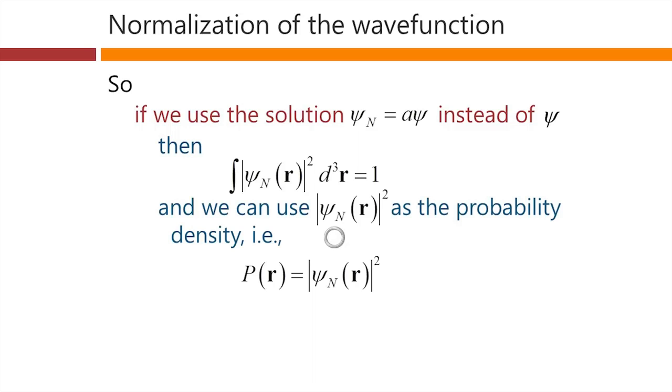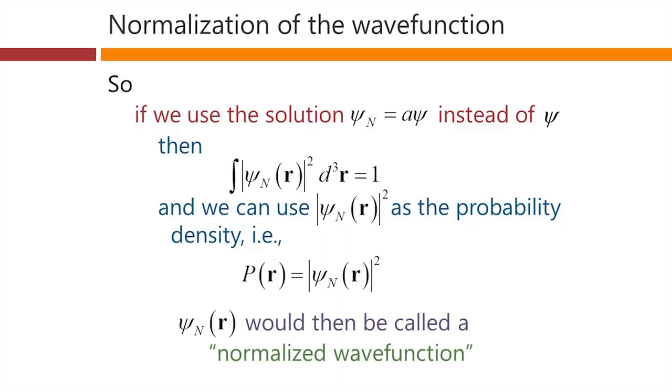And then we can use this quantity, modulus squared of psi n of r, as the probability density. Psi n of r would then be called a normalized wave function.